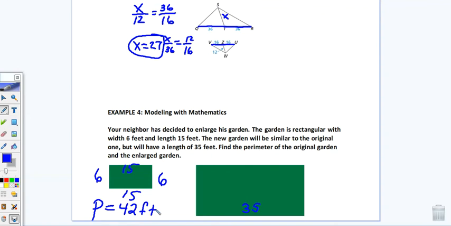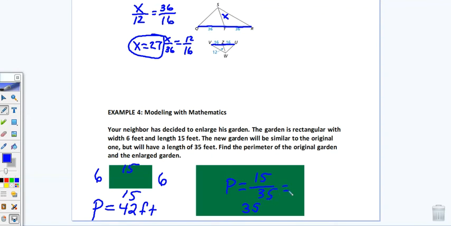Now, perimeters, this is an interesting one. We can do this one of two ways, okay? There's a rule that says if you know the perimeter of one and you can find a scale factor, you can set a proportion up this way. These two are similar. So it means for every 15 units of length down here, how many units of length will I have over here? So one way to find the perimeter would be to say, for every 15 units in the smaller rectangle, there are how many units in the bigger rectangle?